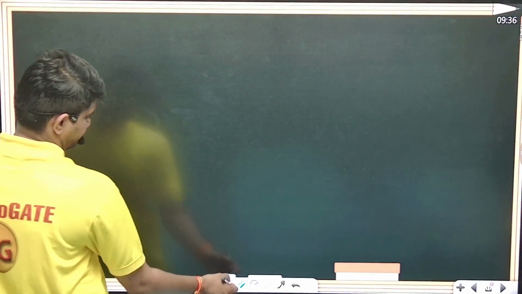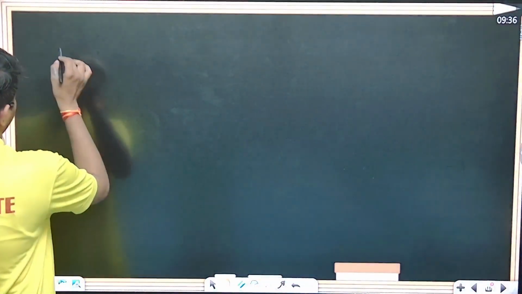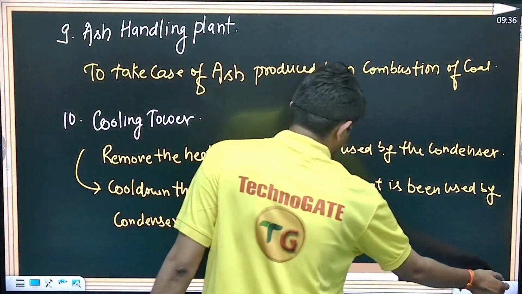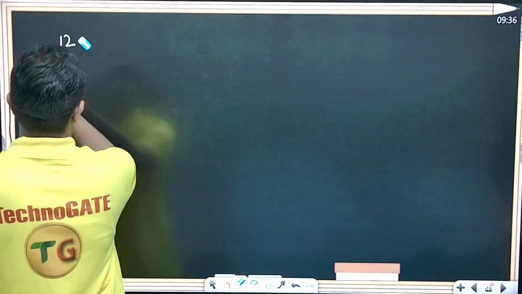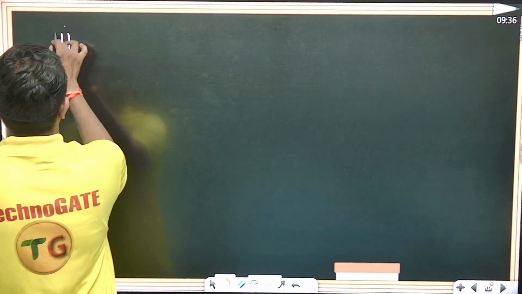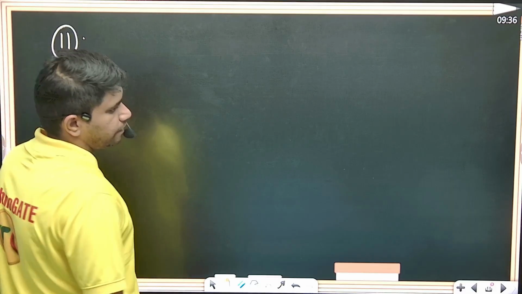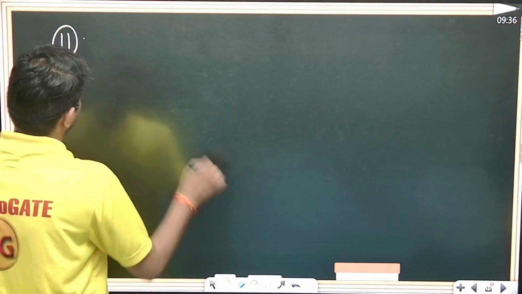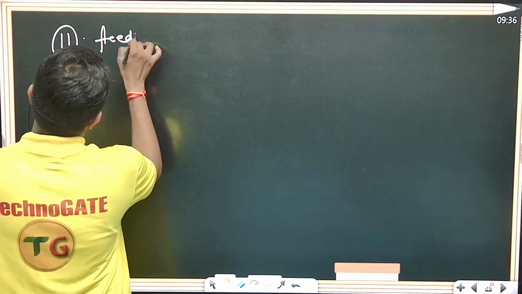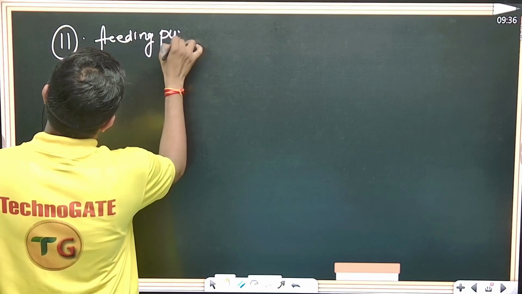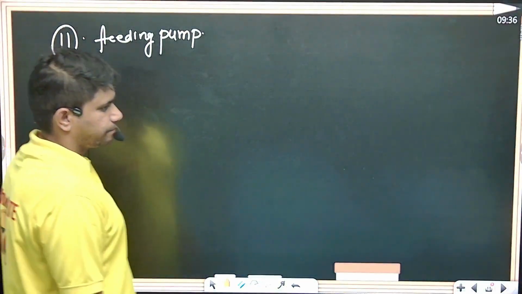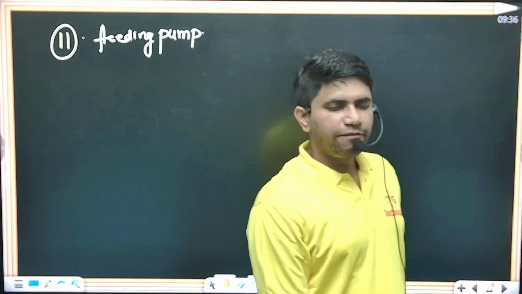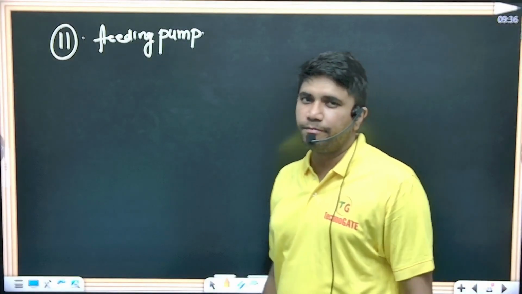Next, number 11, feeding pump. It will feed the condensed water back into the boiler.